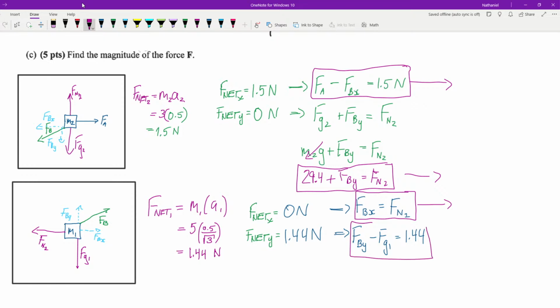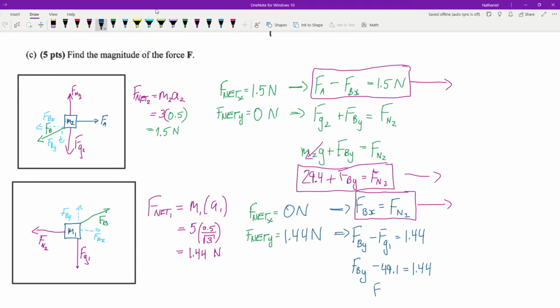This one here, we have some things to add here. We know FG1 because we know M1, right? And G, we know it's on Earth. So let's do FBY minus M1 times G. So we get 49.1, and that's equal to 1.44.